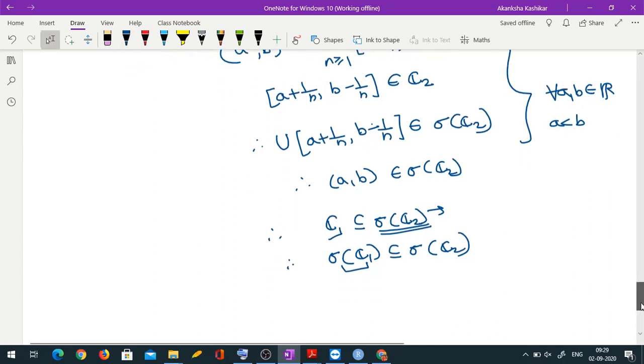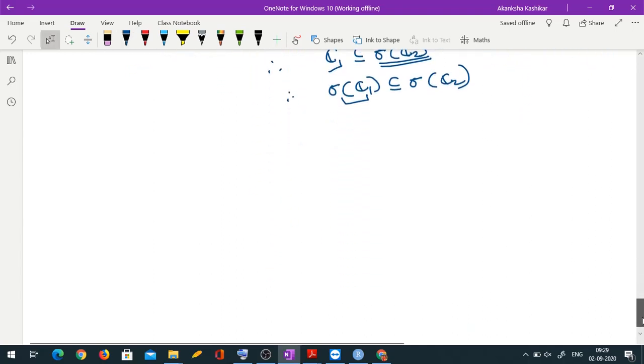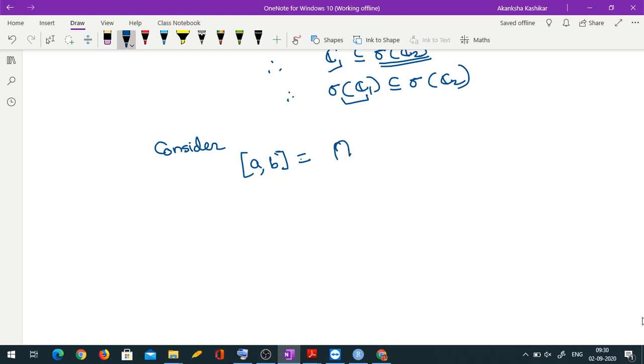Okay. To prove the reverse way, I have to express closed interval in the form of open intervals. So consider closed. We know that closed [a,b] can be written as the intersection of (a minus 1 by n, b plus 1 by n).